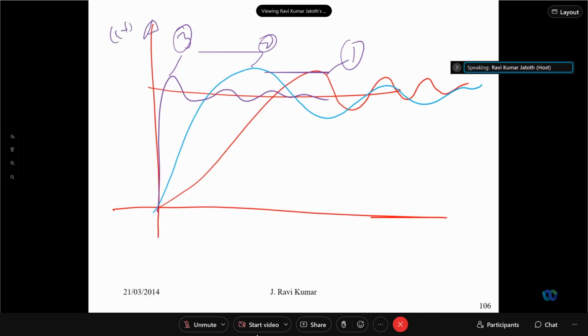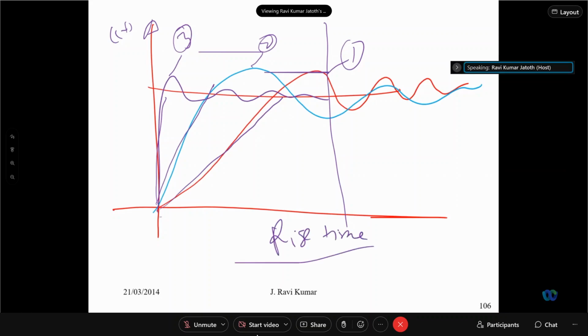Right. So then we need to characterize. What do you mean by characterization? Now if you try to see this response and this response and this response, we use a term called rise time. So what do you mean by rise time? The time taken by the response to reach 10% to 90% of its final value is called rise time.